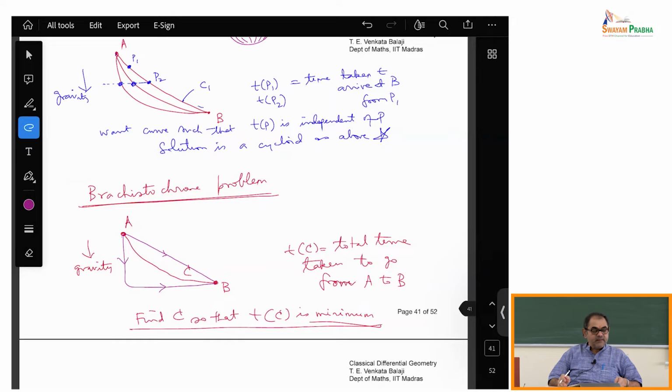Very counterintuitively, these are the worst examples. The only curve that will work is an inverted cycloidal curve with a cusp at A and passing through B. That is the only curve that will work. It has to have a cusp at A.